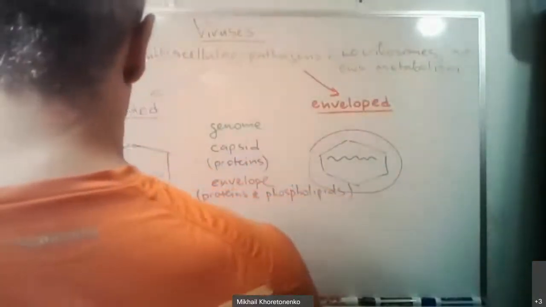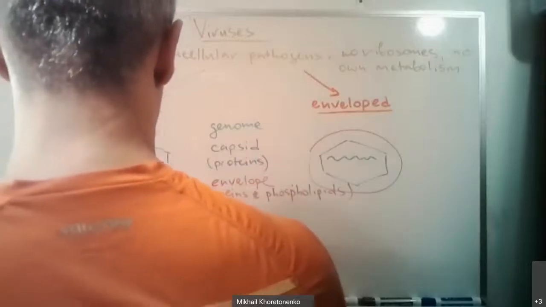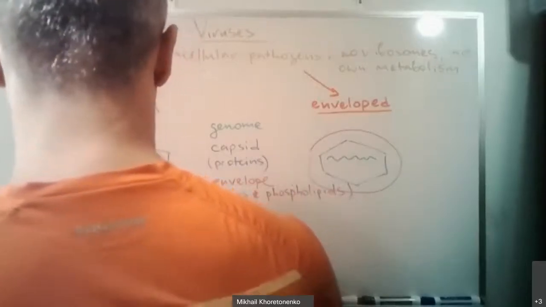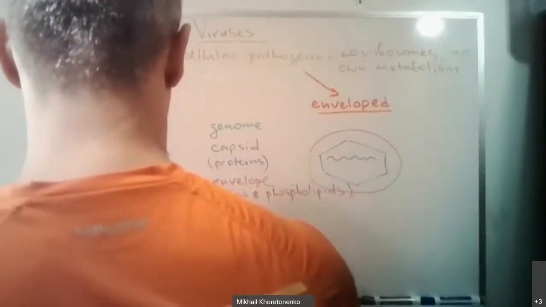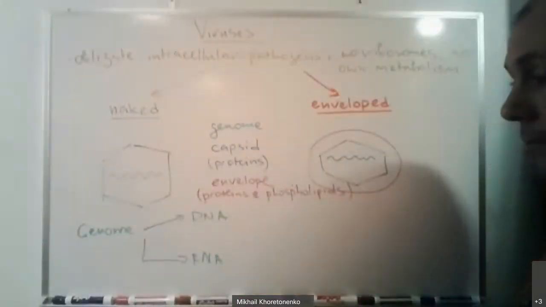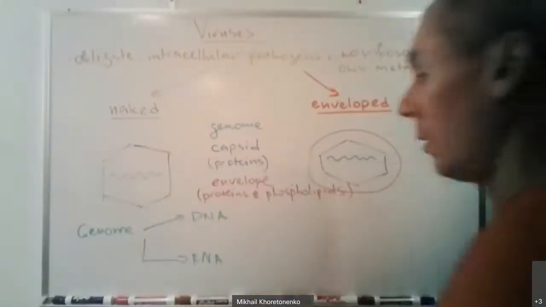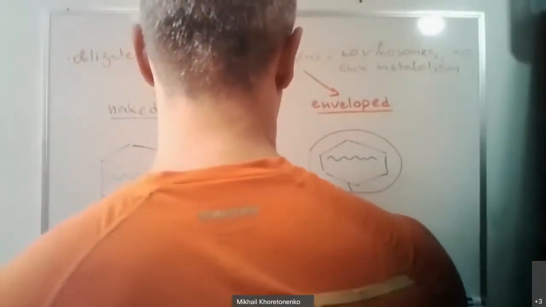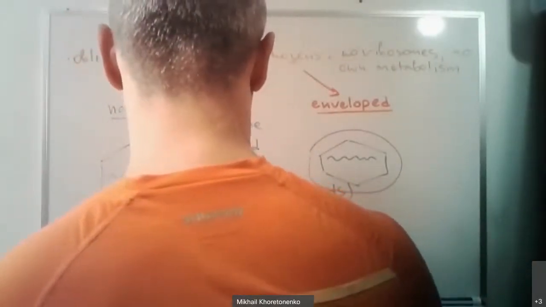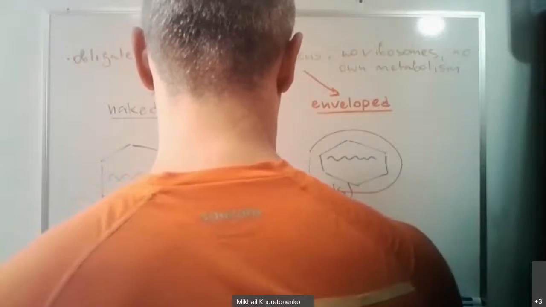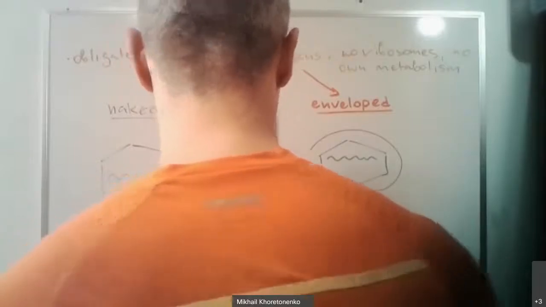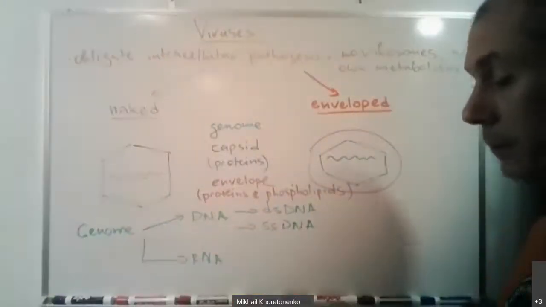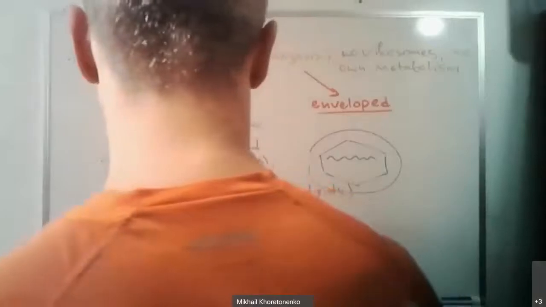The genome can be DNA or RNA. Okay? It can be both double-stranded DNA, like herpes, or single-stranded DNA, like parvoviruses. And same is true for RNA viruses.